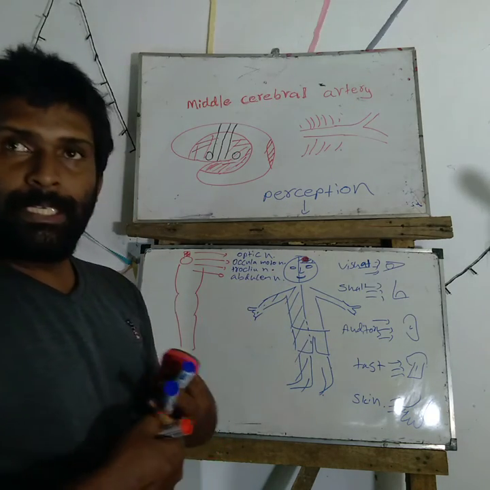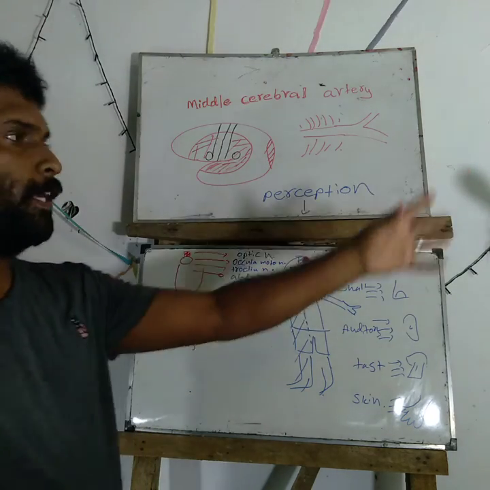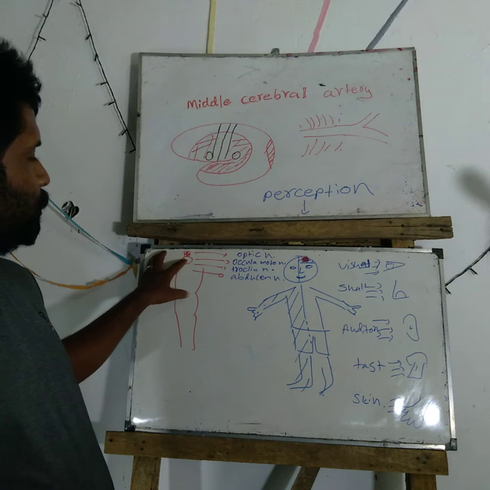These nerves connect visually and take the information from the external environment.